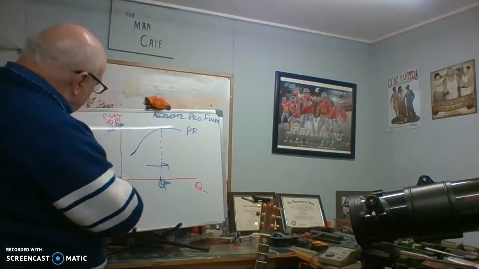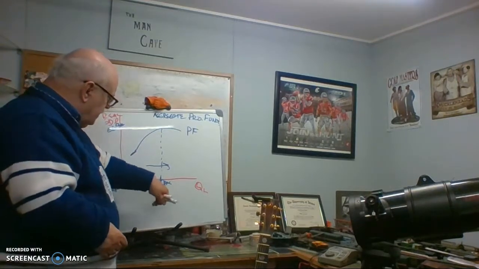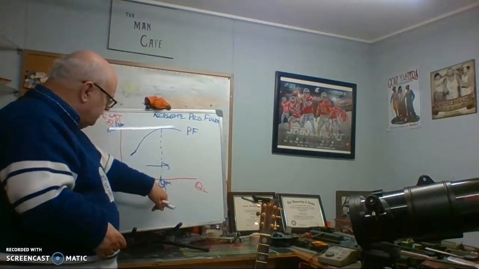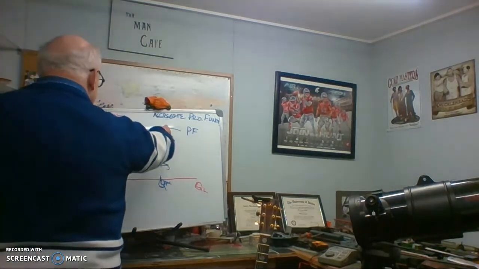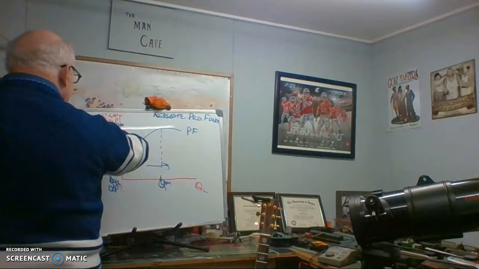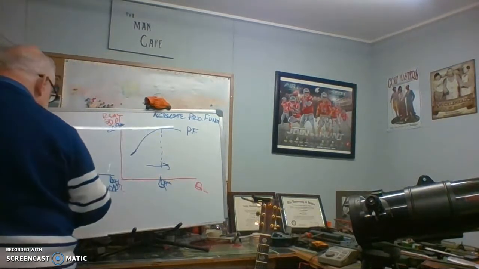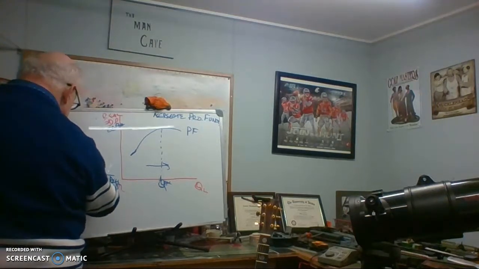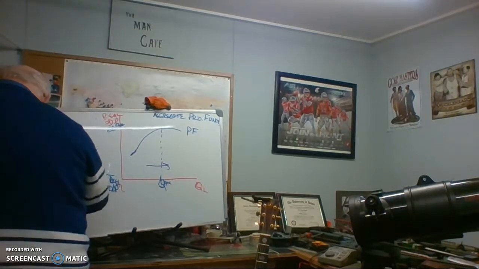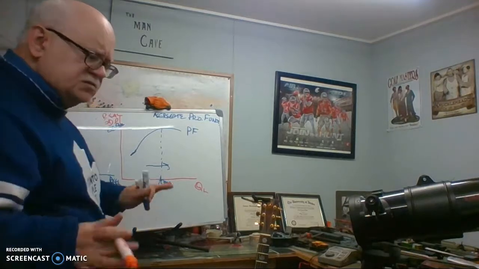So at full production, at the natural rate of employment, which this Q star shows, they are able to produce this level of GDP. So let's state that this level is GDP star, and that is with the economy running on all cylinders.